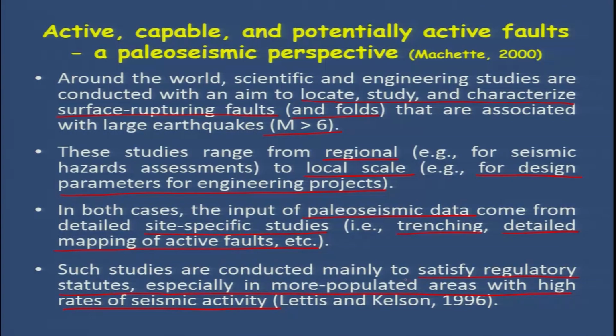And as we have discussed in previous lectures, the areas which were considered as stable continental regions have also triggered or experienced earthquakes in the recent past. That is, the 1993 Latur earthquake and the 2001 Bhuj earthquake. So, this is mainly conducted with an aim to satisfy the regulatory status for the seismic hazard assessment.